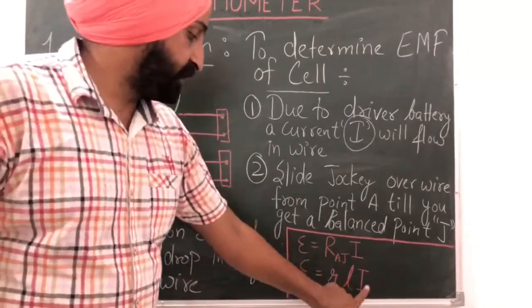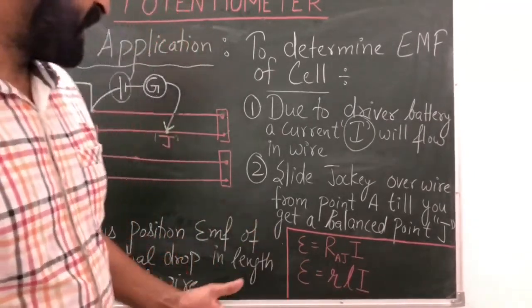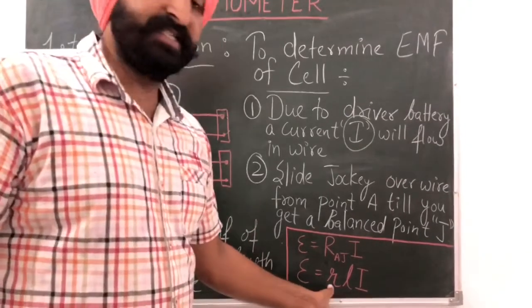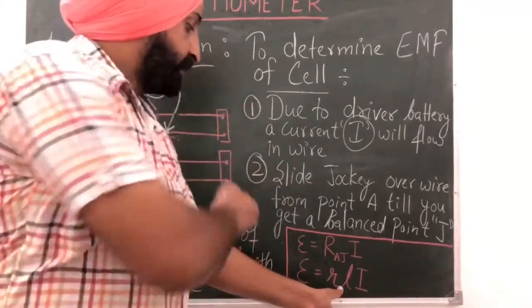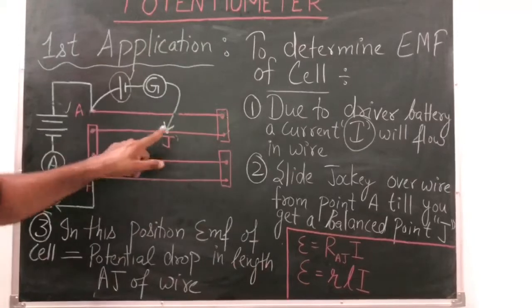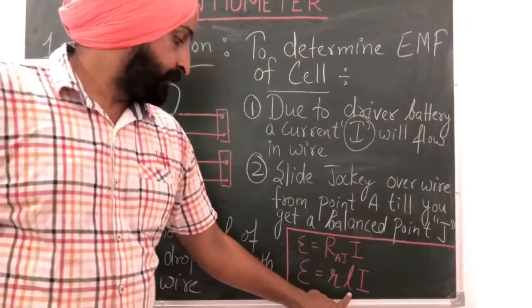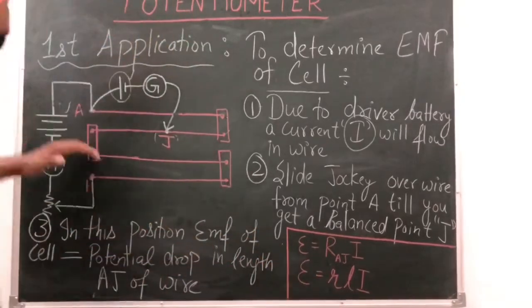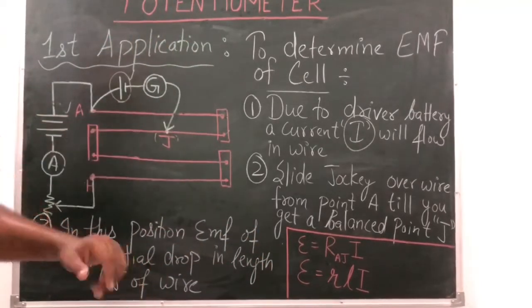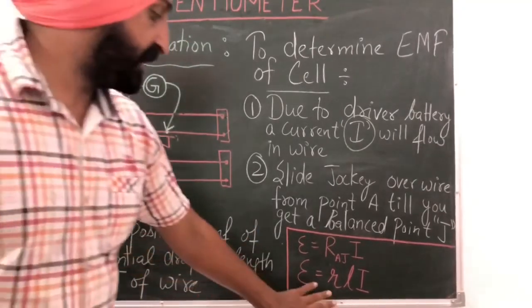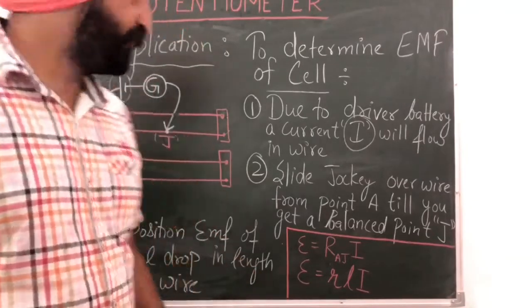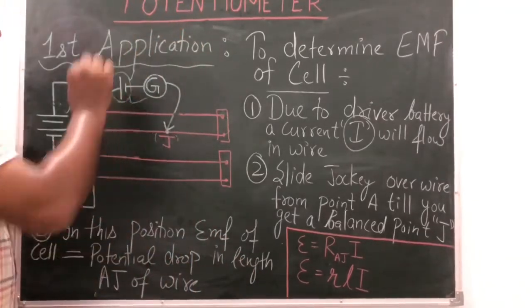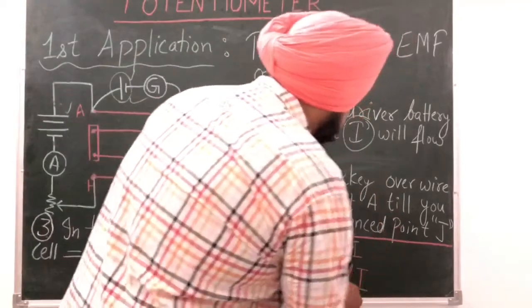So this I will remain as it is. By knowing the value of resistance per centimeter of this wire, the balancing length that can be easily calculated, and the current that is being set up in this circuit by this battery, you can easily calculate the EMF of this cell. So I will be writing it down here.